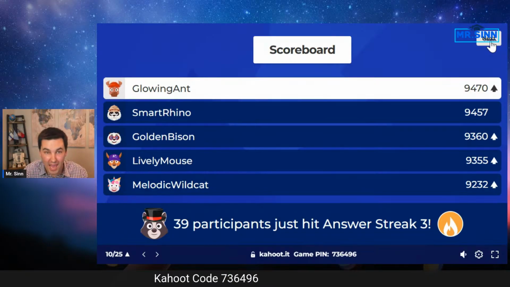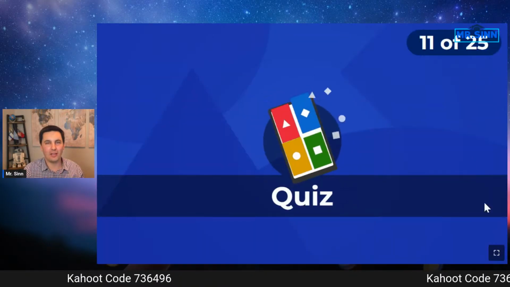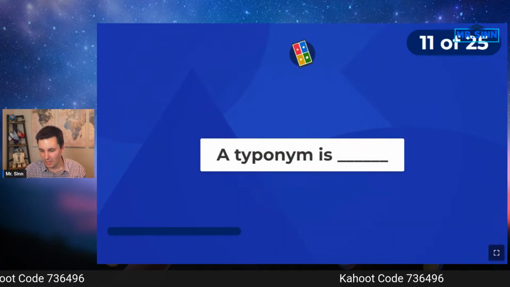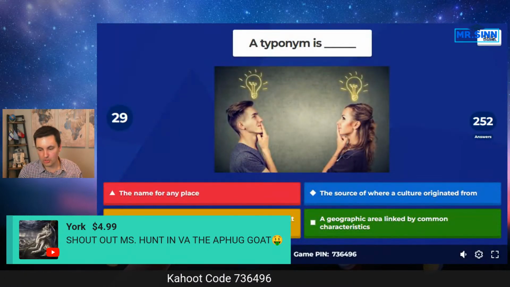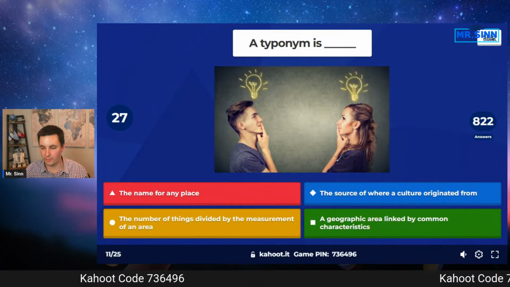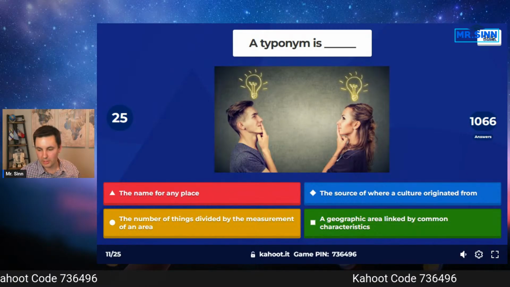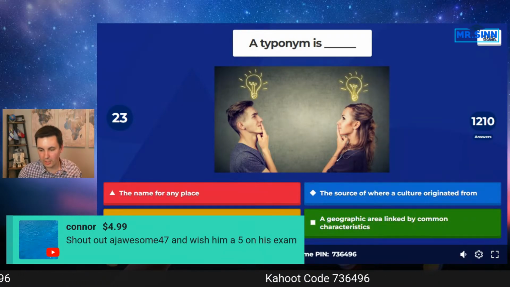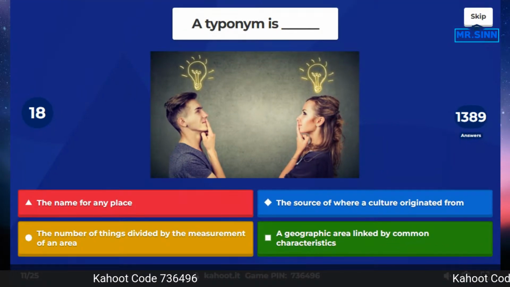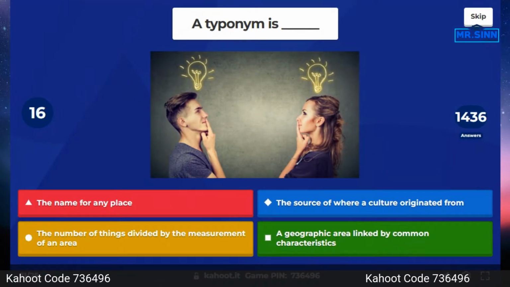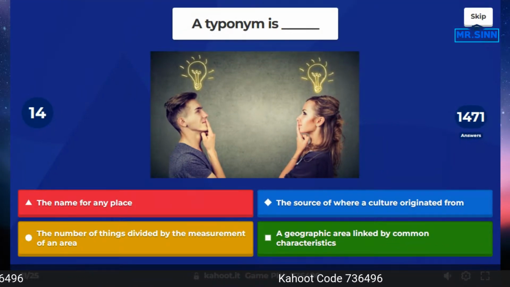The glowing ant takes the lead. We got a lot of changes going on here. Shout out to Ms. Hunt in Virginia, the AP Hug Goat. Awesome. What else do we got here? Shout out to, oh, this is AJ Awesome again. I'll put it full screen so you guys can see. We'll also see who's paying attention because we did go over this.